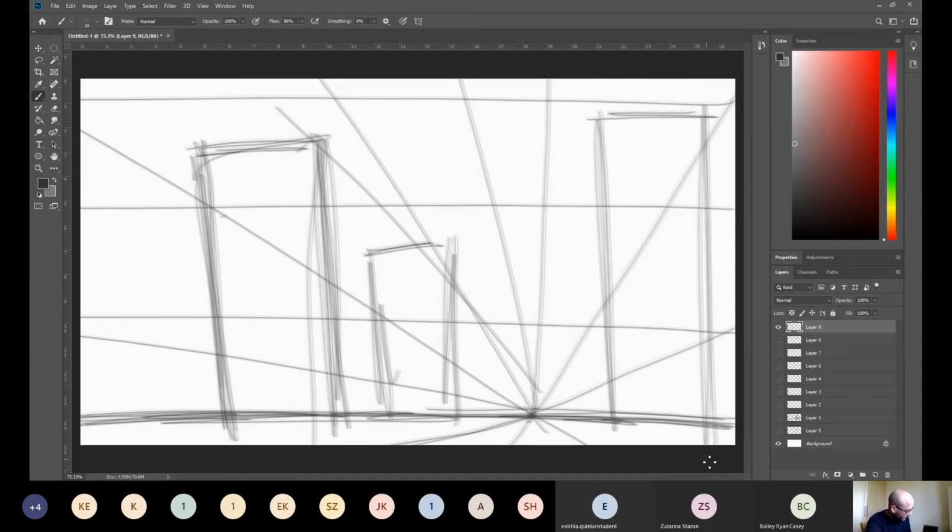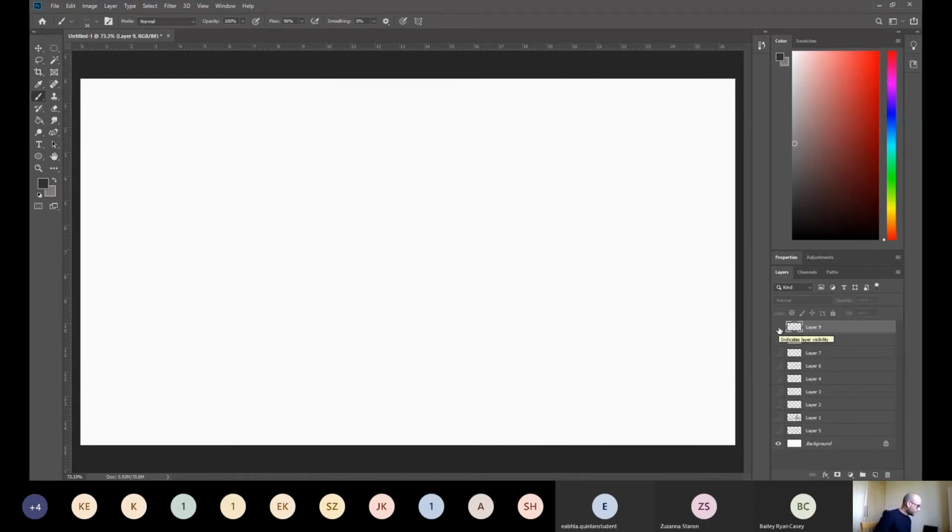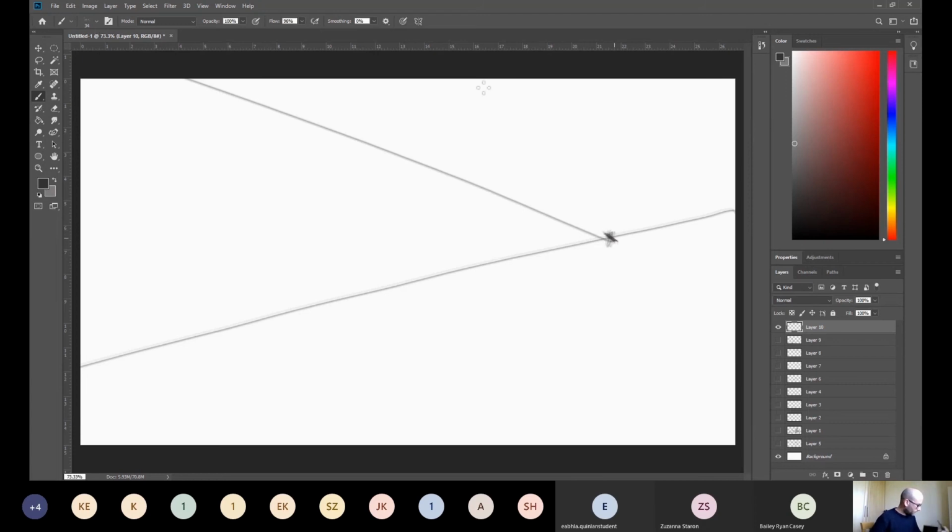All right, and then we'll have a look at one more, which is called a Dutch angle. And essentially, it can be either a mid shot, an up shot, or a down shot. But the difference is your horizon line is at an angle, okay? So you do the exact same thing, but you start off with a horizon line that's at an angle.